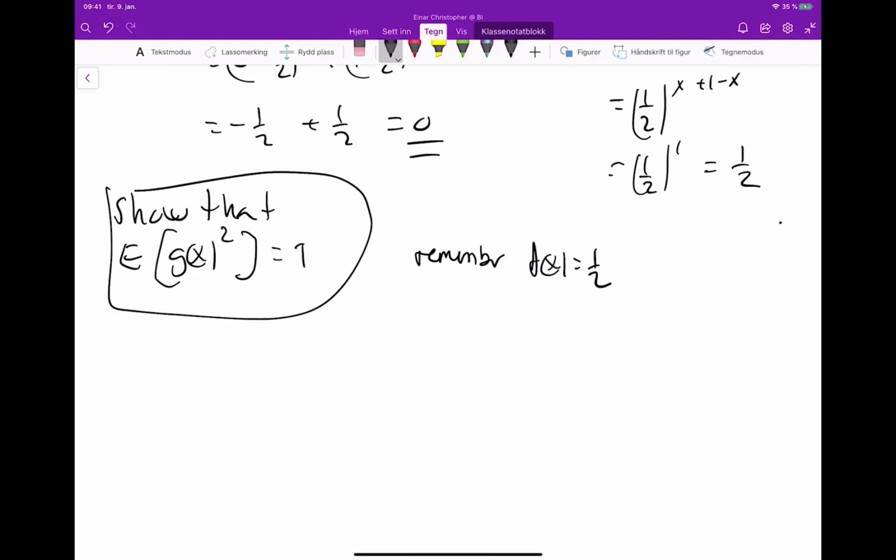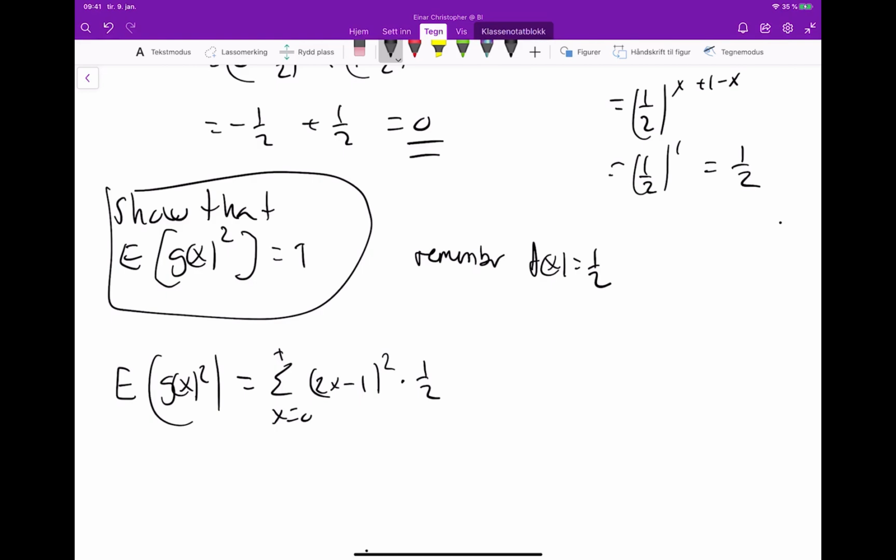So we just write out this expectation. This is nothing else but the sum, x equals 0 to 1, and g of x to the power of 2 is (2x minus 1) to the power of 2 times half.